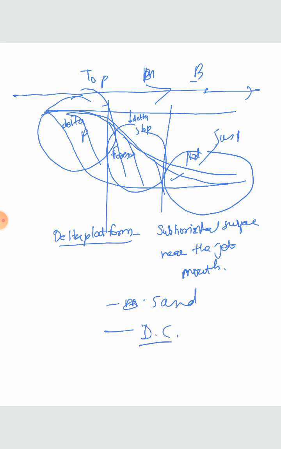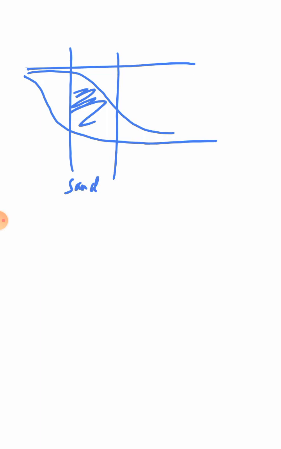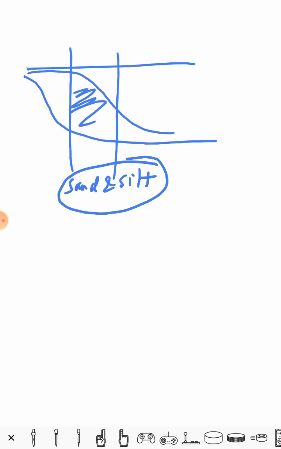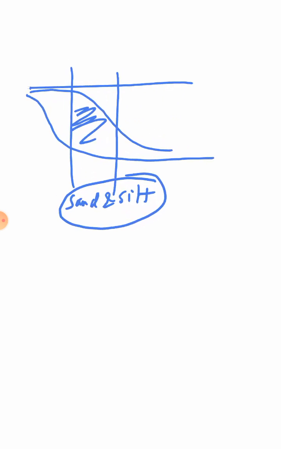Then comes the delta slope. This delta slope part is sand and silt dominated. And then comes the pro delta part. The pro delta is deposition from the suspension.